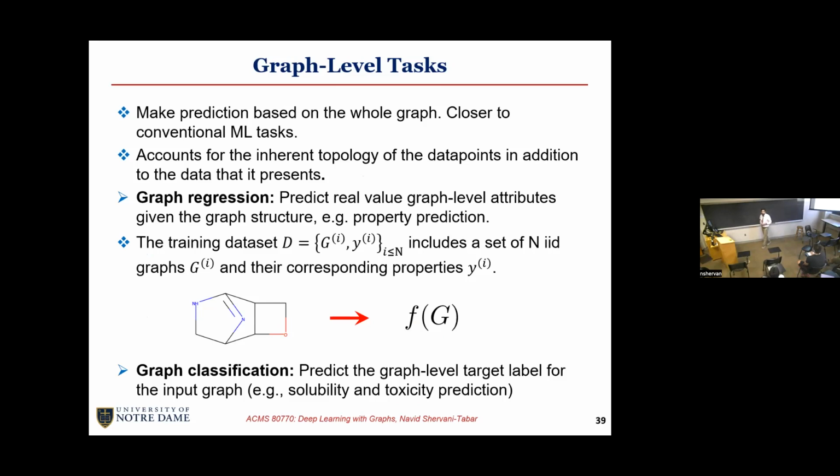At the beginning of the last session, I mentioned that machine learning tasks in general are divided into two groups: unsupervised and supervised tasks. But for graphs, it is more than that, because we don't have only datasets that try to learn something from different graphs.